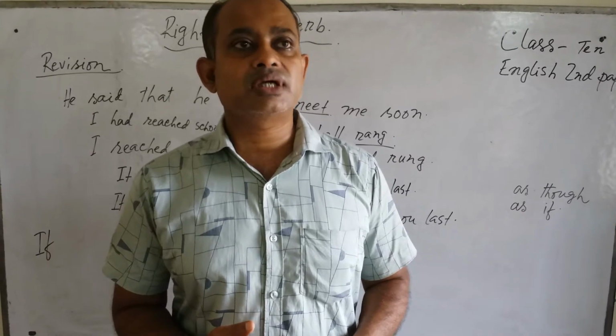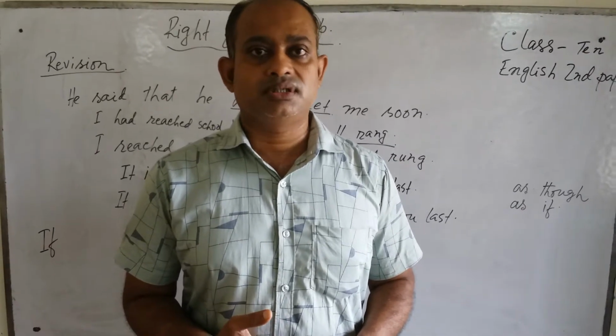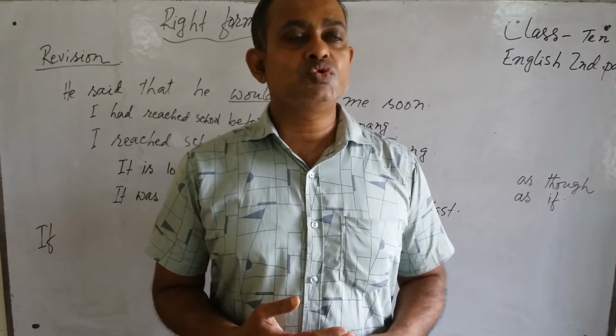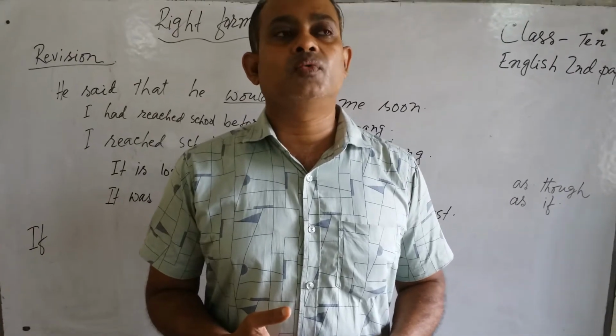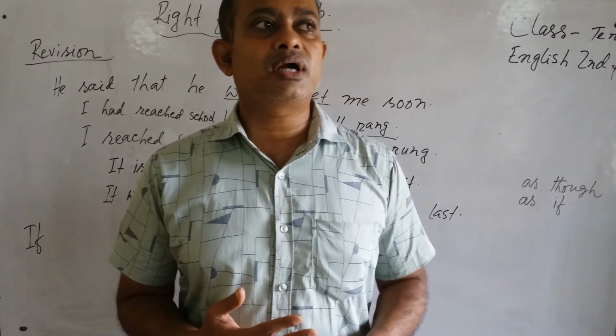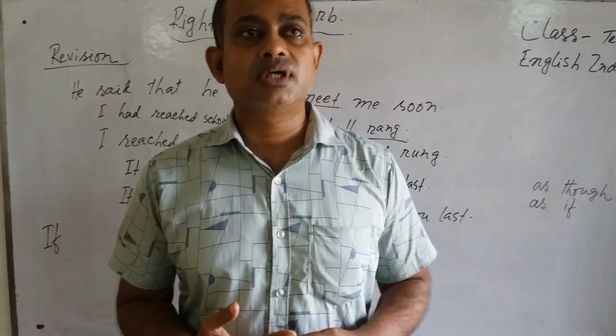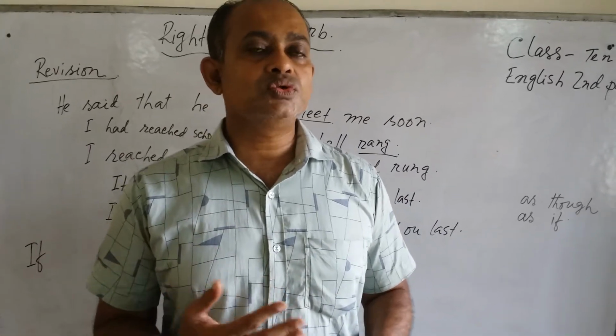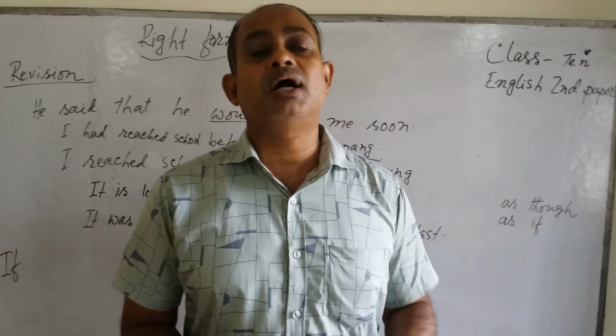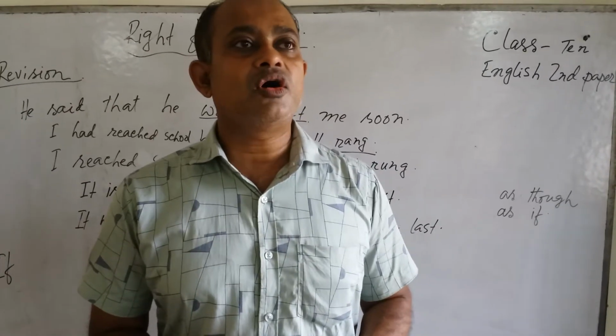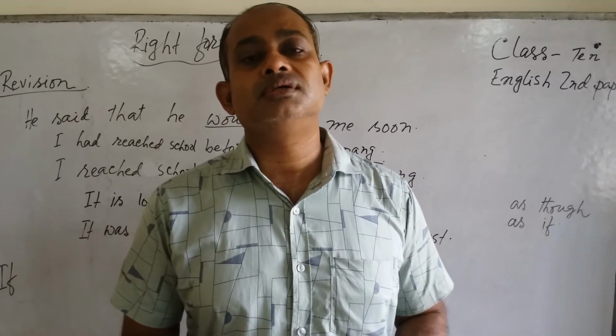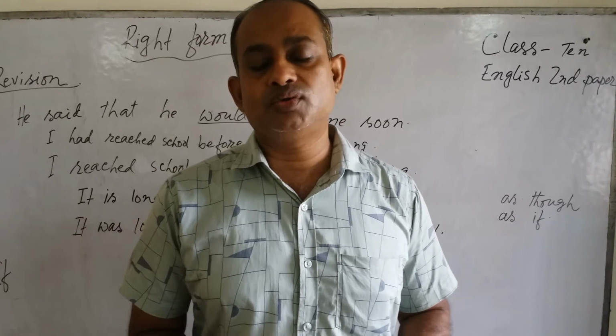Besides, we use the ing form when there are two verbs, and after a verb we use the ing form. We use the ing form of the verb after prepositions: of, in, on, with, without.